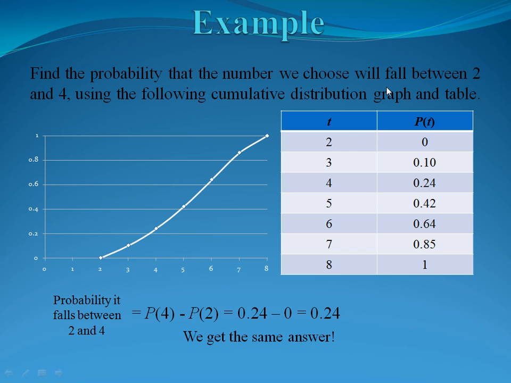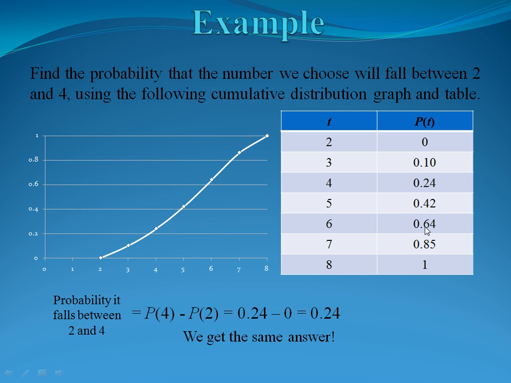So here, I've created a chart. Between 2 and 2, there's no area because we don't move. That's 0. Between 2 and 3, it's 0.10 because there are 2.5 blocks times 0.04. Between 2 and 4, we found the probability to be 0.24. And then I've calculated the rest. Between 2 and 5 would be 0.42.